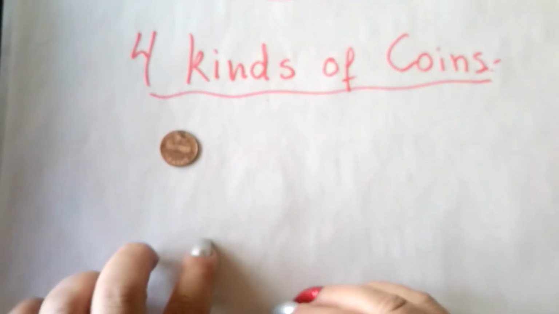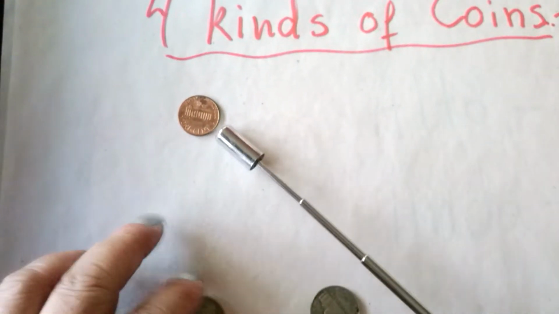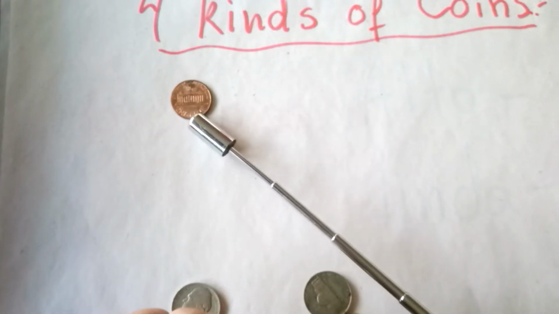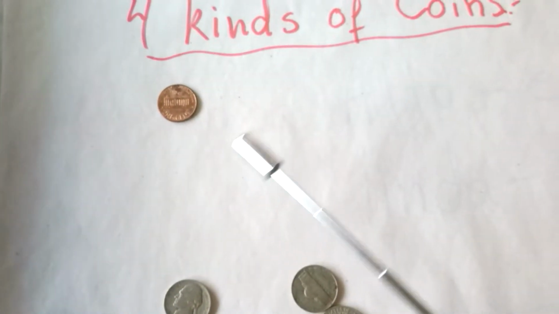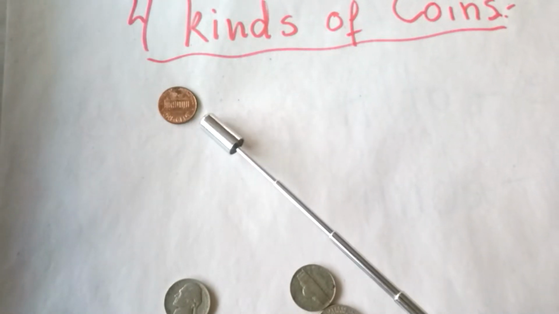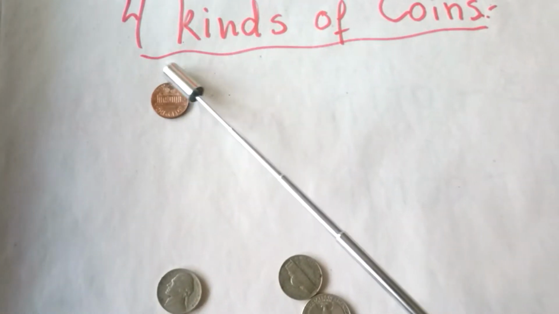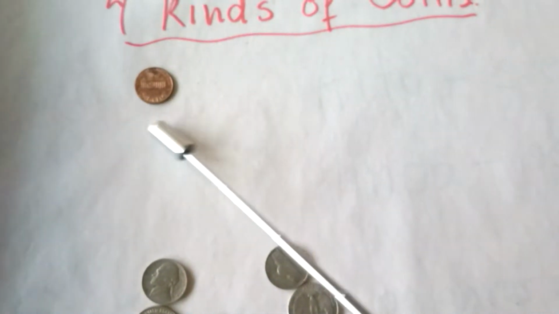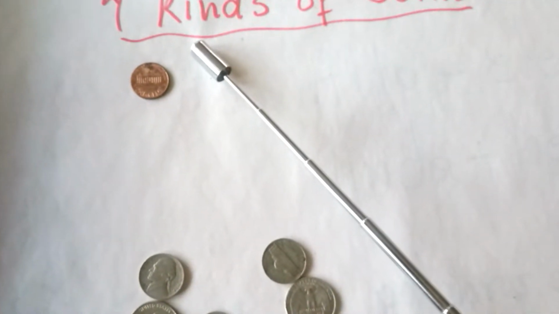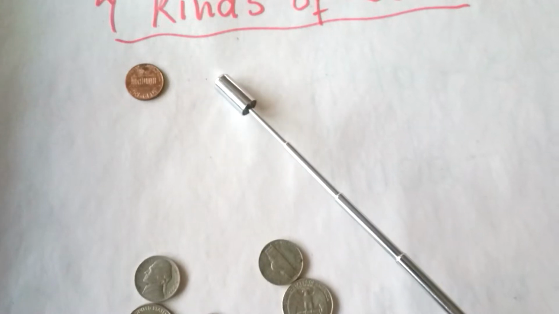Do you remember that? Cent. You see the cent. 1 cent is equal to 1 penny. This is a penny. 1 cent. A penny is worth 1 cent.